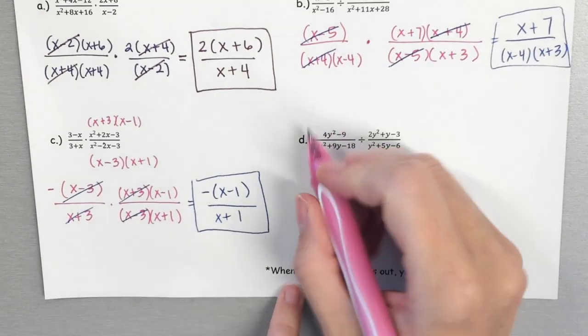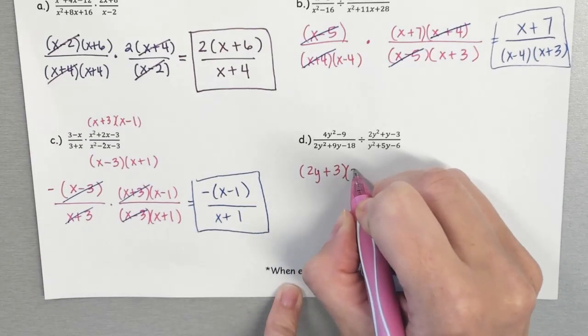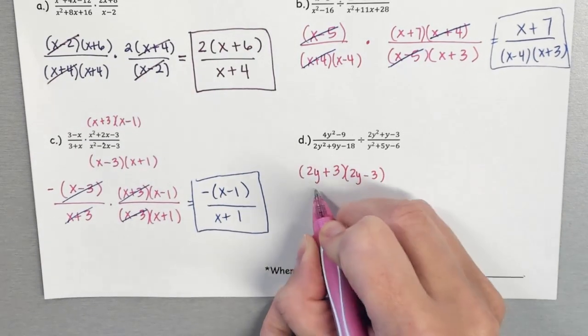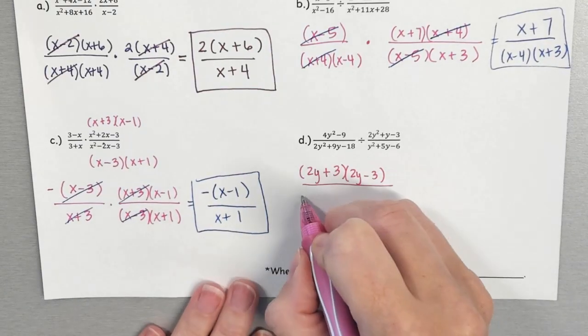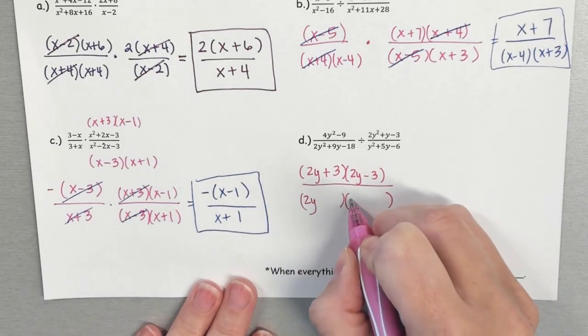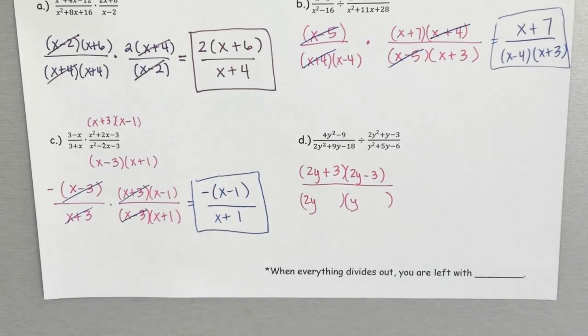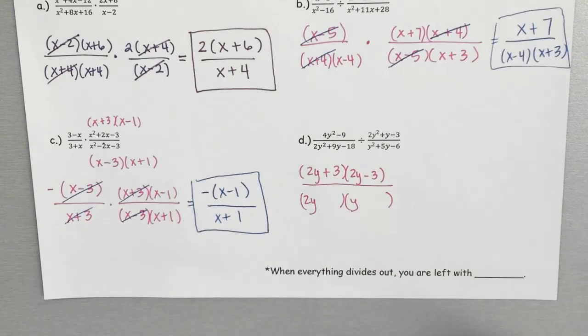Okay, so 4 is a perfect square, 9 is a perfect square, so we should have 2y plus 3, and we should have 2y minus 3. Okay, when you have a number in front, if it's a prime number, you just have 2y and y. And we want two values that add to negative 18.